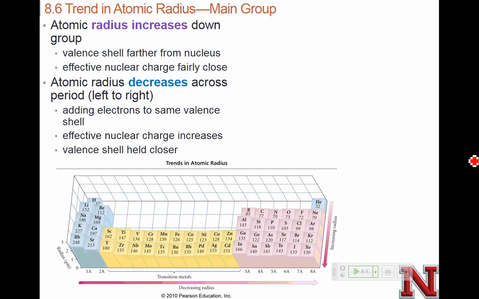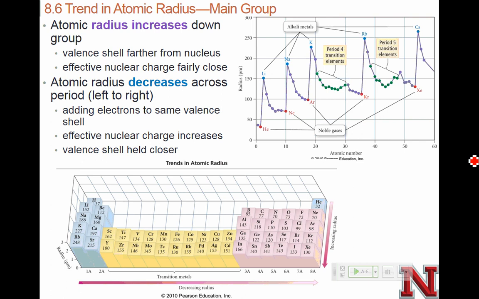That doesn't matter. It has an extra principal quantum energy level, so it's much bigger, because that's going to be a bigger effect. So going down is a bigger effect, but going across we do see an effect. It does get smaller, but it's not as big of an effect because, again, we have the same principal quantum energy level.